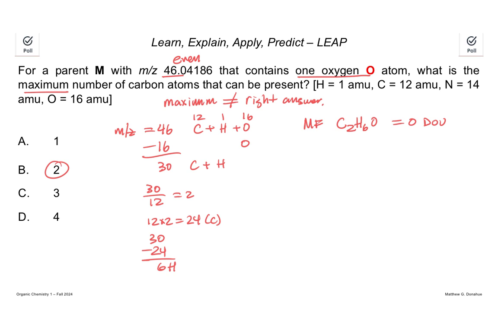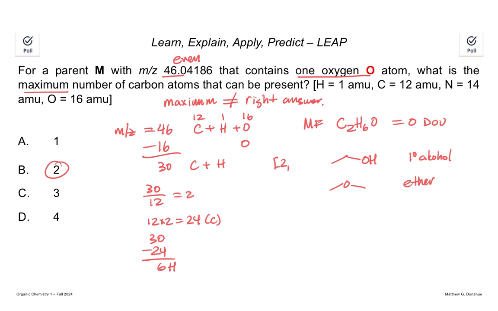And we can draw 2 constitutional isomers, so this would be a primary alcohol, or we could stick the oxygen in the middle, that would be an ether. And so both of those obey the molecular formula. There's no degrees of unsaturation. Furthermore, we could do the uniqueness.